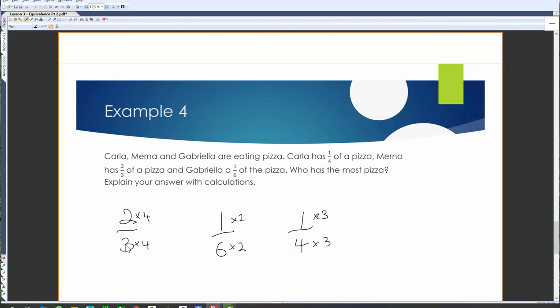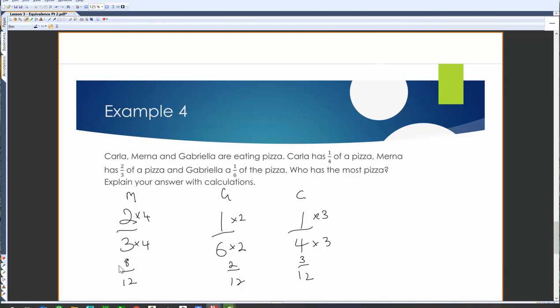Now, what we've got is 8 parts out of 12 for Myrna. We've got 2 parts out of 12 for Gabriella. And we've got 3 parts out of 12 for Carla.